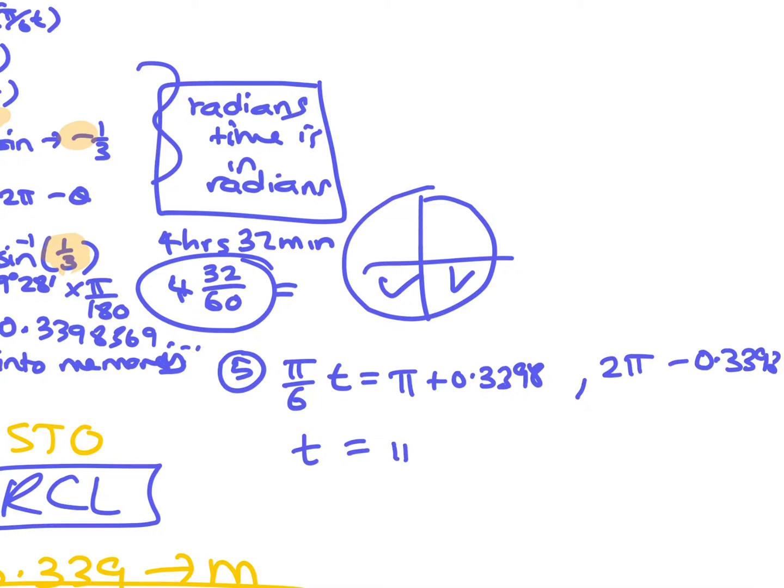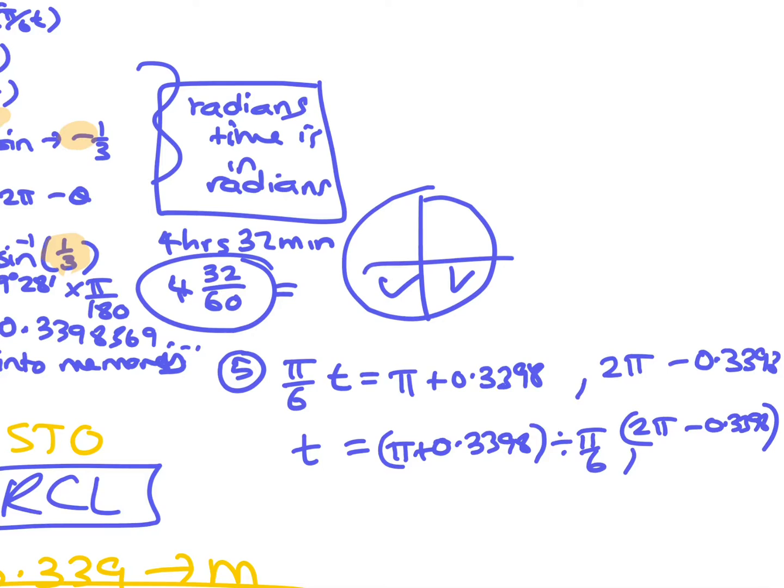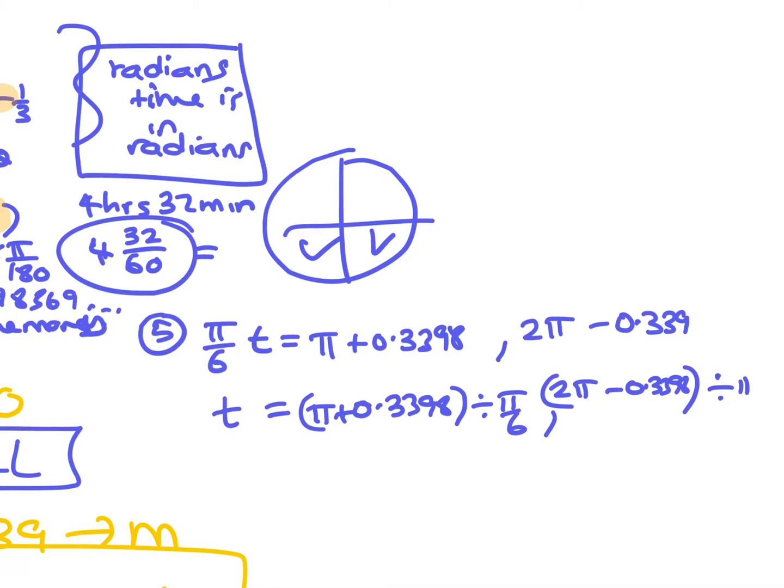To get t by itself, you need to divide by pi on 6, or times by 6 on pi. So you do the same with the other one, divide by pi on 6, and then you can work out your times.